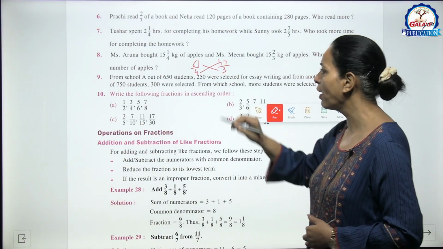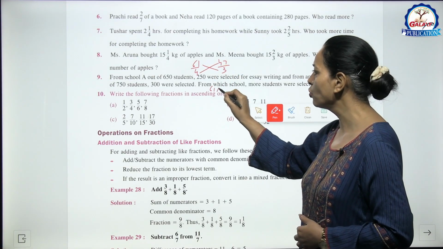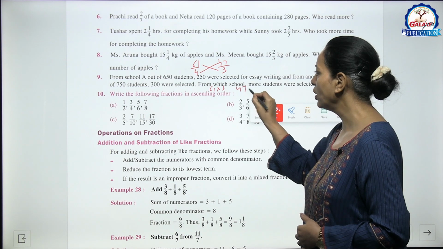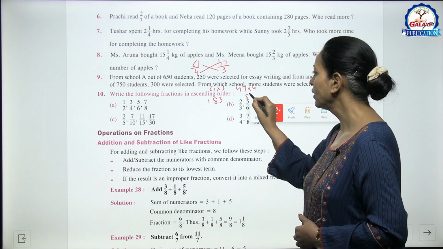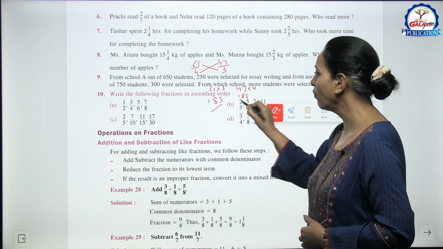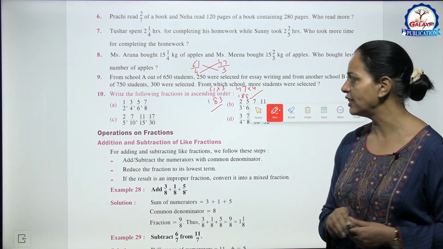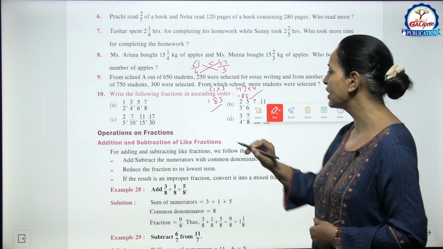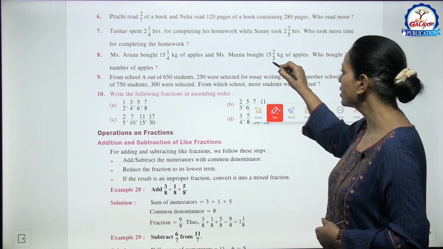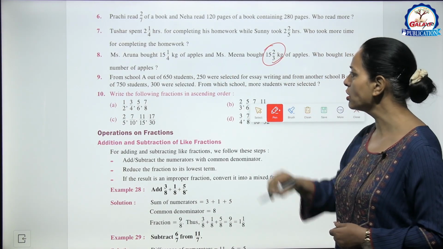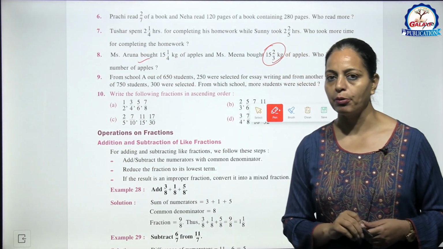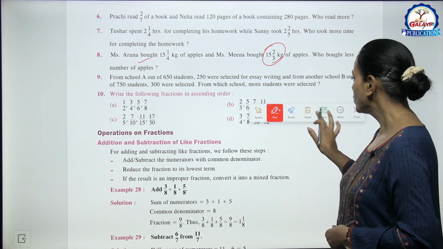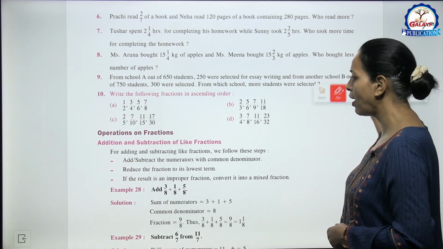So cross multiply, 61 into 3, 47 into 4. So what will you get? This one 183 and 188. So this is greater. So who bought more? Meena bought more apples, or you can say Aruna bought fewer apples, right? So similarly you can try the remaining parts.